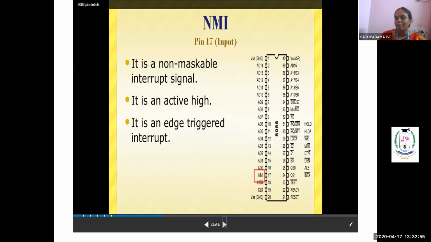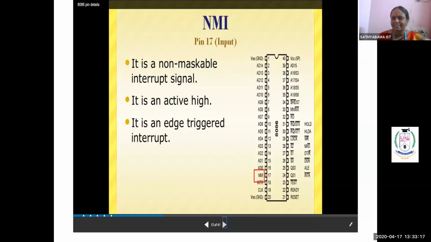Then NMI. I think it's a new pin we are seeing in 8086, but we have already studied the same concept in the interrupts of 8085. Non-maskable interrupt. What is the non-maskable interrupt in 8085? That is TRAP. Similarly here, we have one signal, the non-maskable interrupt. That means I cannot mask this interrupt.